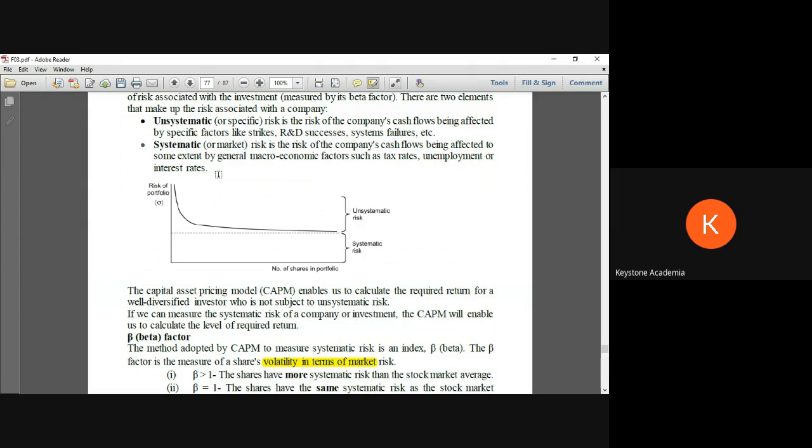That is systematic risk. But unsystematic risk is the risk of the company's cash flow being affected by factors like strikes, R&D success, system failure, basically internal. So what we are assuming here is all unsystematic risk or all internal risk is already being mitigated. But still there is another type of risk, systematic risk, which you cannot mitigate.